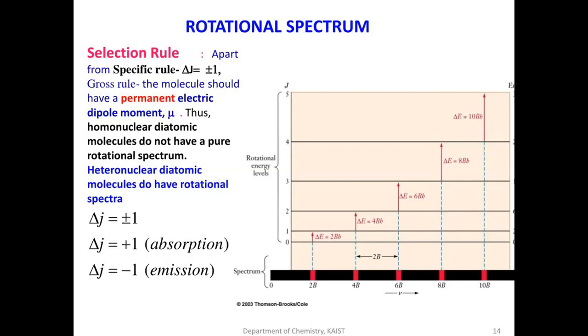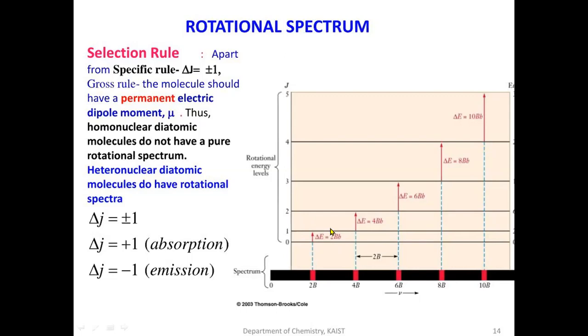Because E by hc is the conversion factor. So when you calculate this energy, and you calculate the thermal energy, the thermal energy possessed by the molecule is kT. So your kT is almost greater than 2B. Please work out this exercise, that the thermal energy possessed by the diatomic molecule at room temperature is kT.